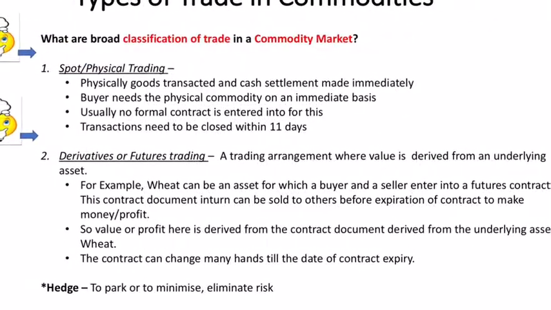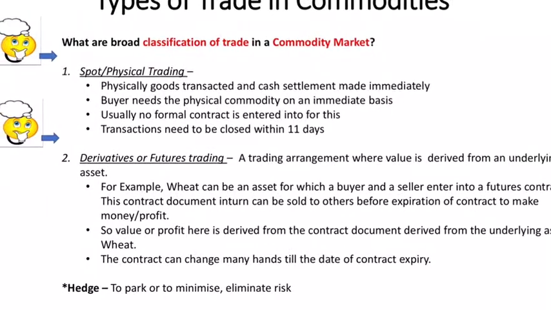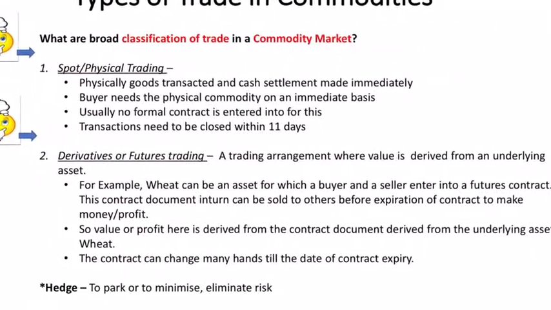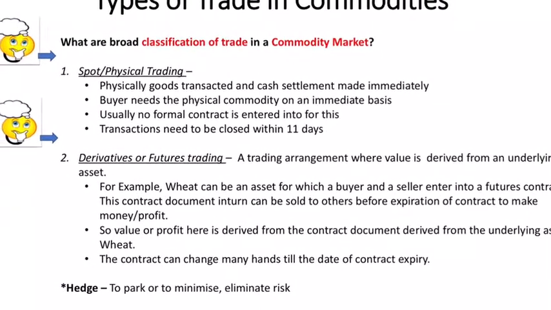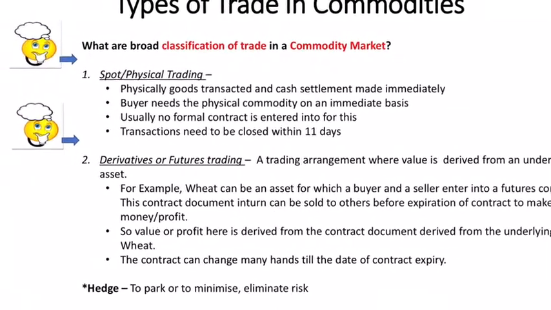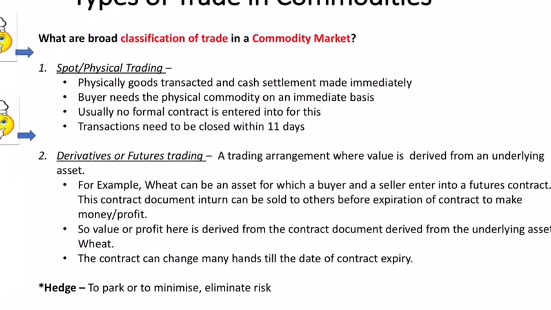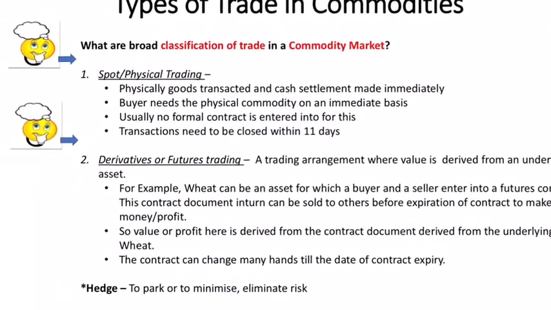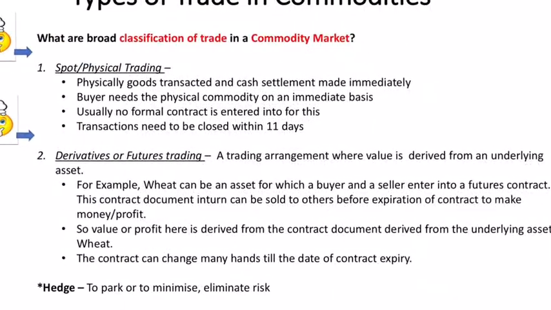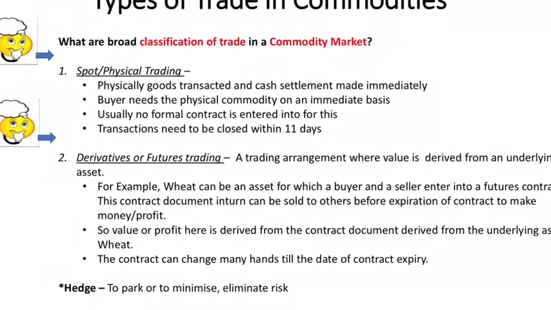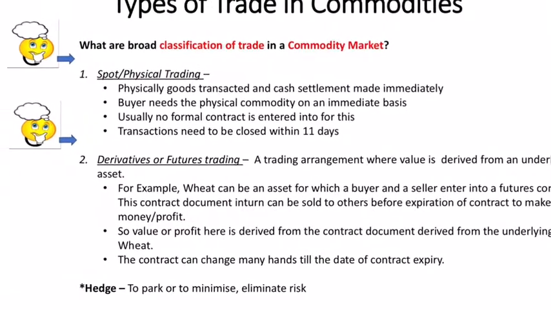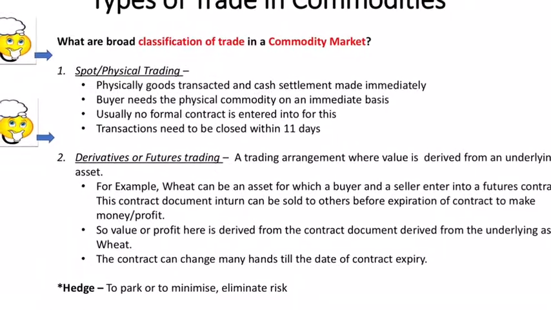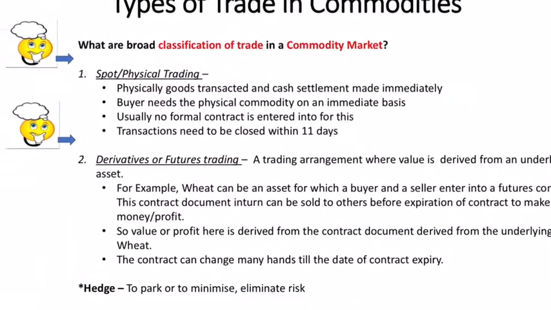So between the timeline of entering into a contract and executing the contract, they can use this document and transfer or sell it to other people who are interested. Okay, so by this they make money. So today, if the contract document specifies some value for wheat, and tomorrow it goes up, then the seller is very happy. Then the buyer is very happy to sell it to somebody who's willing to purchase, and he makes money because of the difference. Okay.